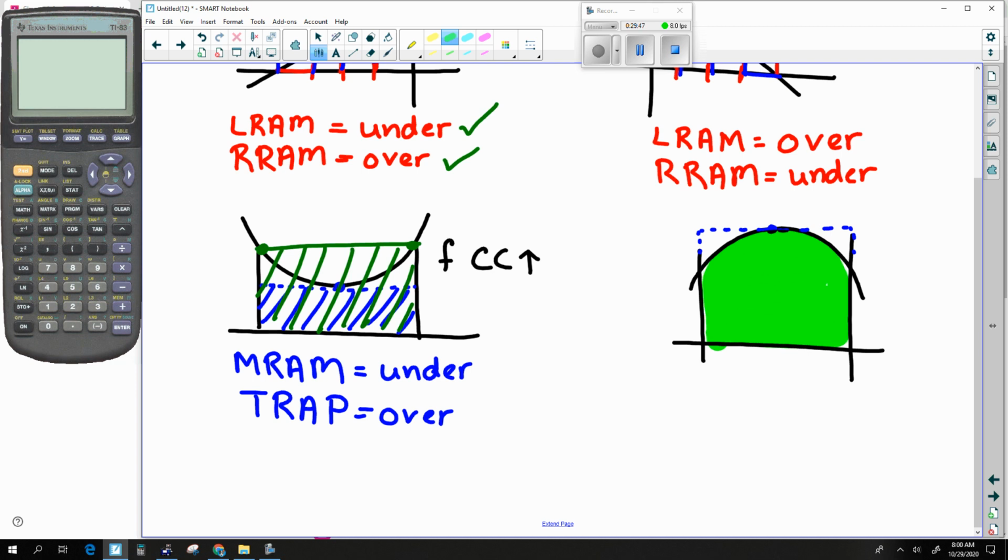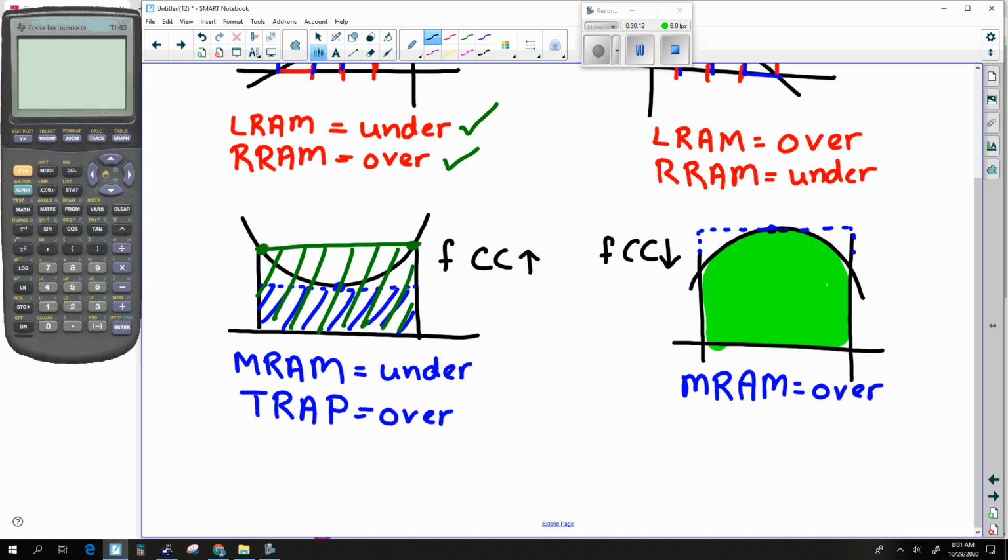And so I see that the MRAM is more than that. So the MRAM is an overestimate. Again, this is when it's concave down.